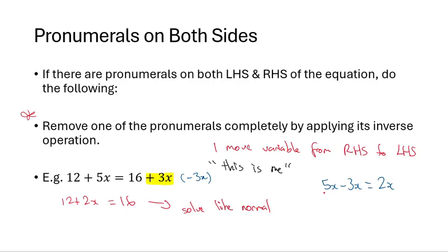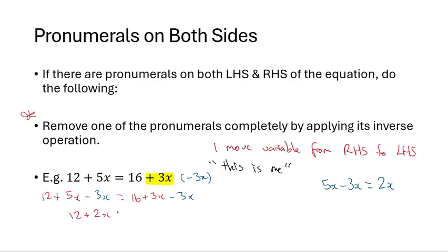What I end up with is, if I really wanted to write it out, then I should probably write it out like the full thing just to make sure people understand. I don't want people getting confused. 12 plus 5x minus 3x equals 16 plus 3x minus 3x, like that, equals 12 plus 2x equals 16.